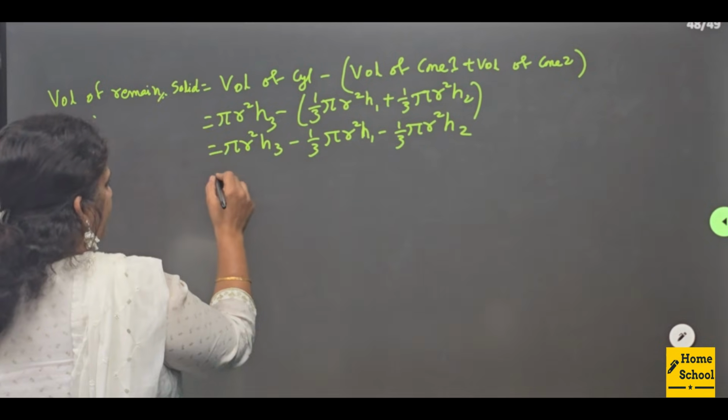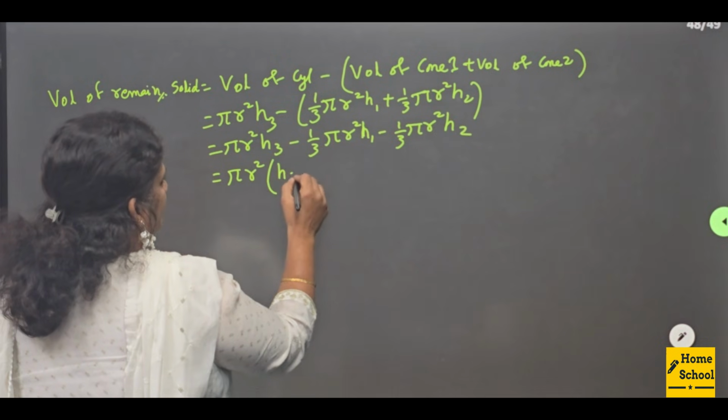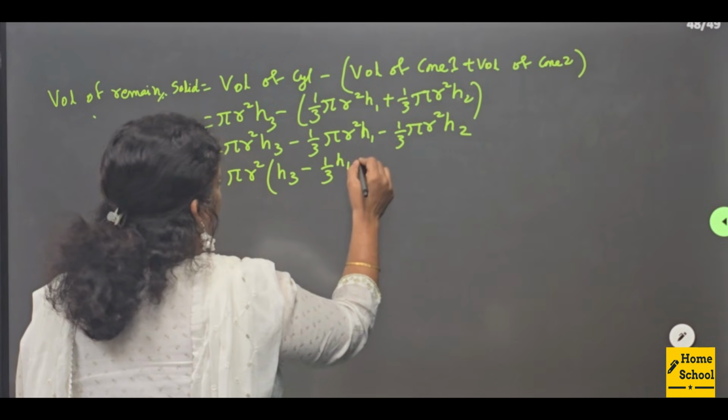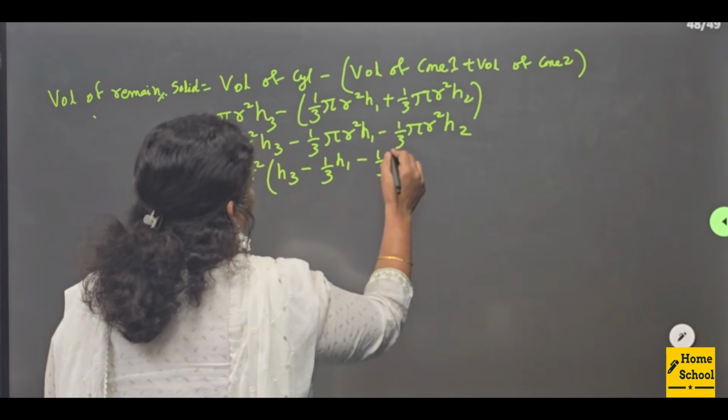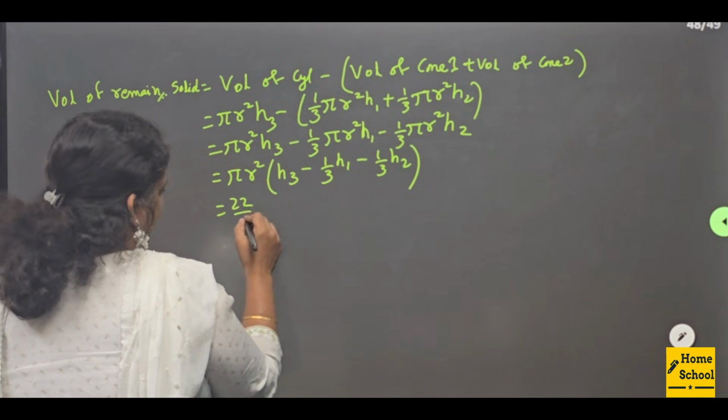Among these, πr² is common, take it out: h3 minus 1/3 h1 minus 1/3 h2. π is 22/7.